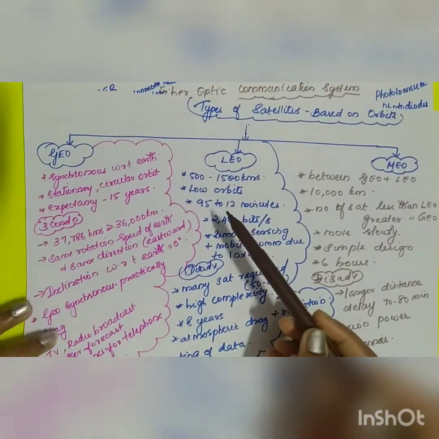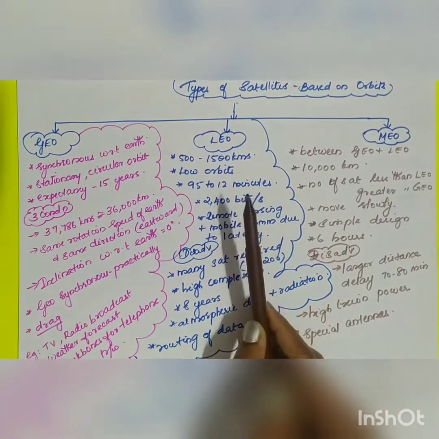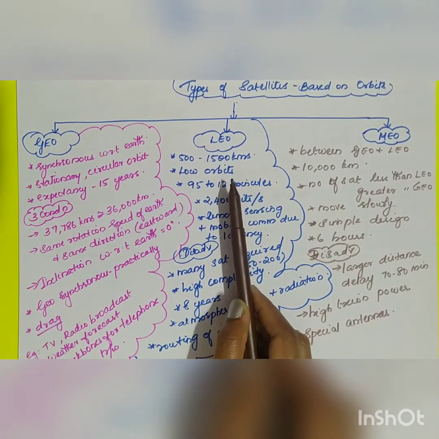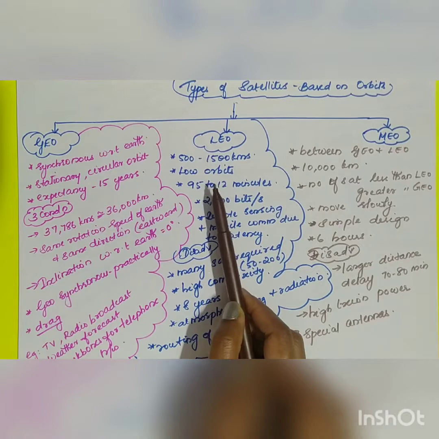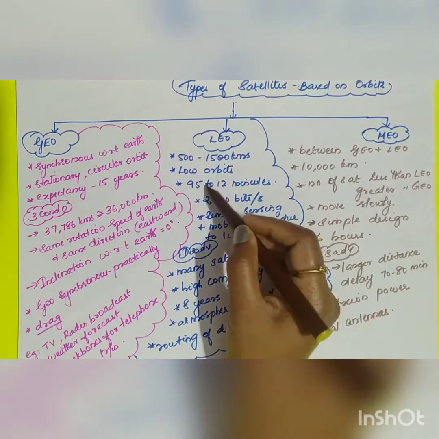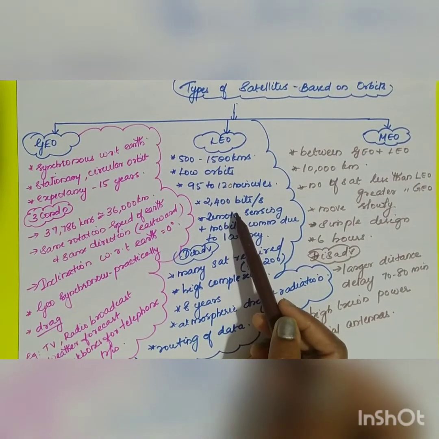The next type is called your low Earth orbit. The low Earth orbit should be placed 500 to 1500 kilometers above the Earth's surface, and it is in the low orbit. It has a shorter period of 95 to 120 minutes, and the bitrate is 2400 bits per second.